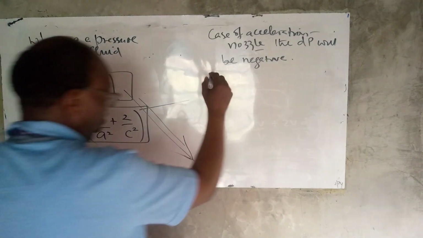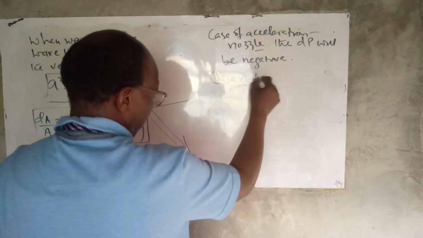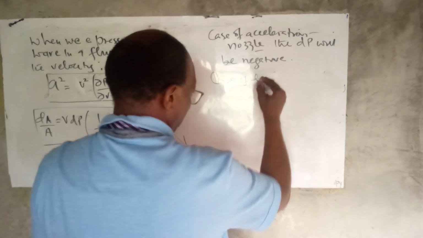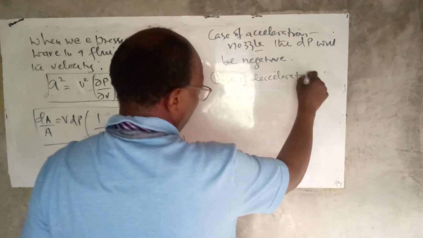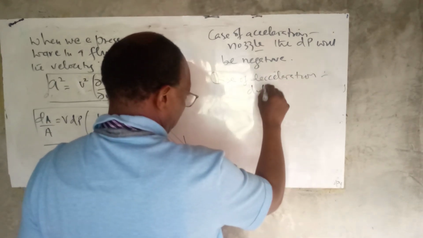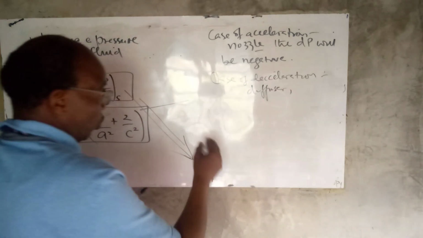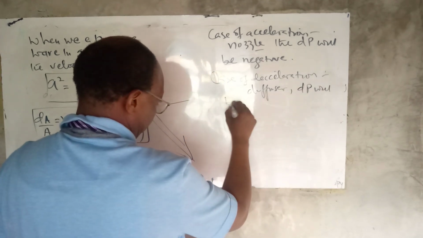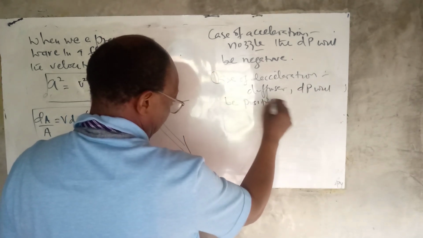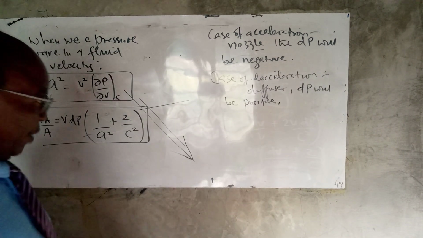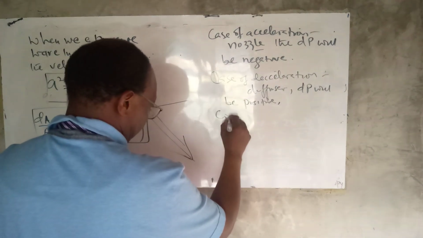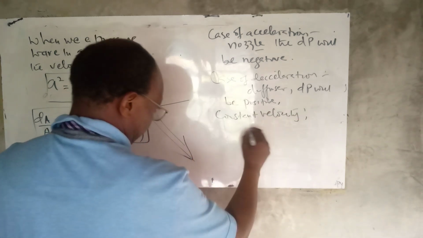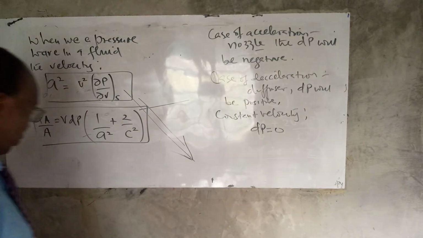In the case of deceleration, as in a diffuser, because the reverse is true, dP will be positive. In the case of constant velocity, dP will be equal to 0.